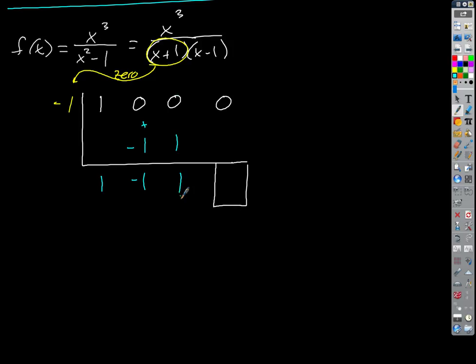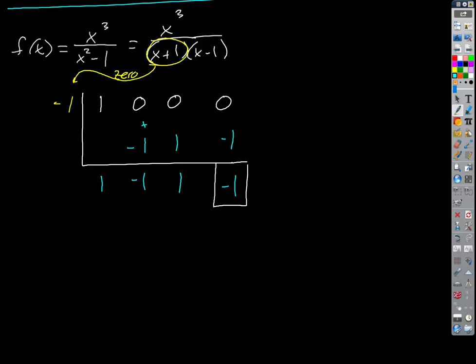Then -1 times 1 is -1, and if I add these, I get a remainder of -1. So if I divide x cubed by x plus 1, I get a remainder of -1.